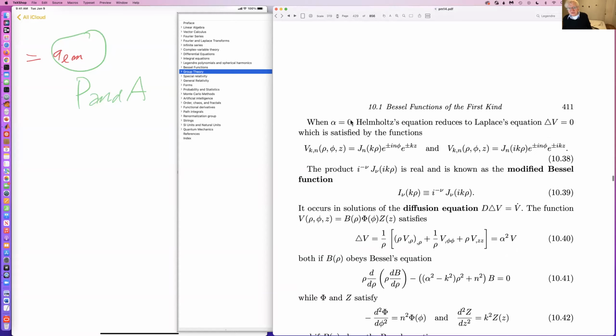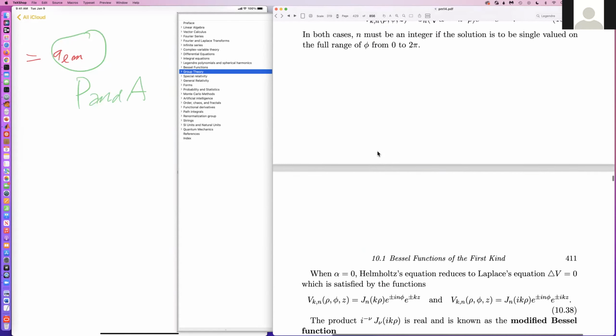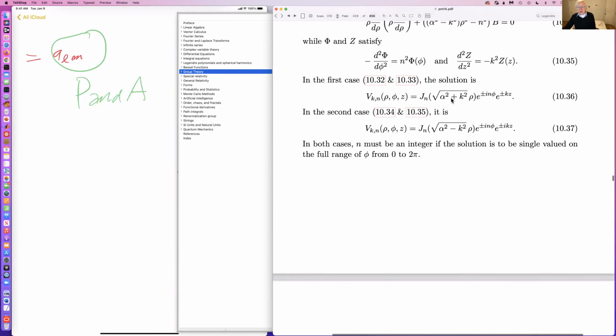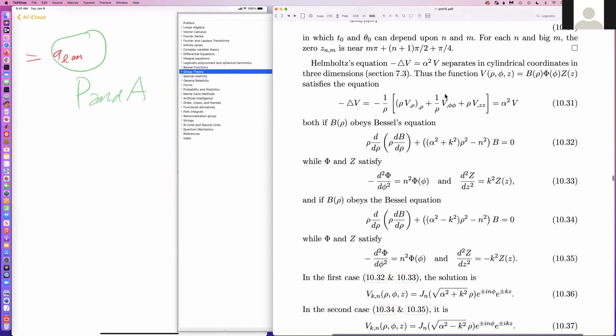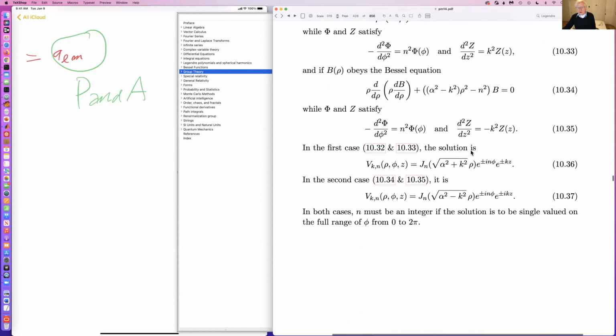When alpha is equal to 0, the Helmholtz equation becomes Laplace's equation, and the functions are a little bit simpler because alpha squared is 0, and so we have a k squared here, and we immediately get those.